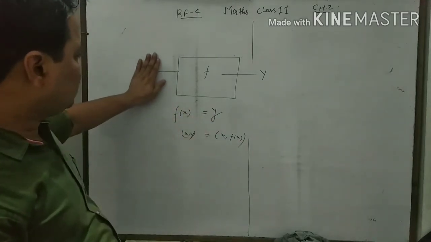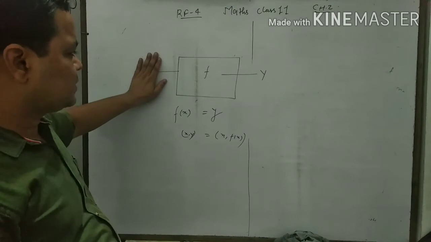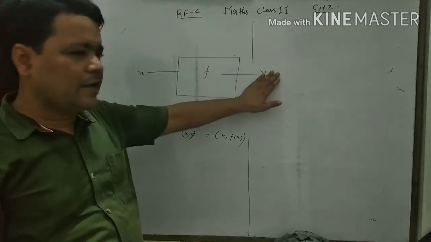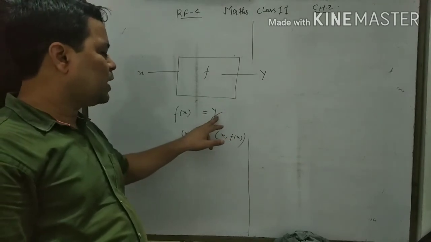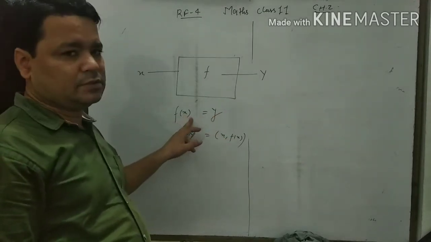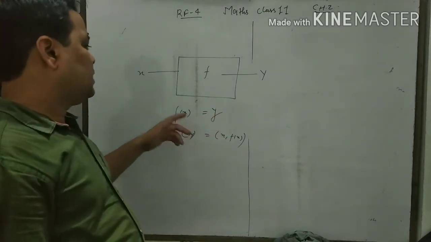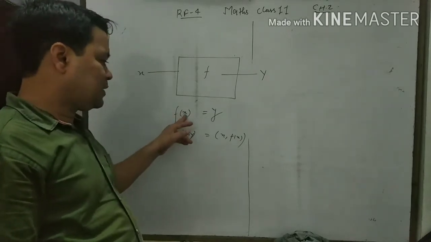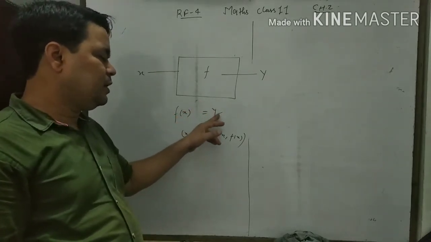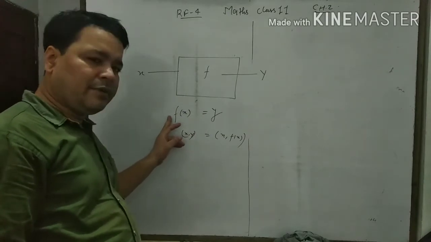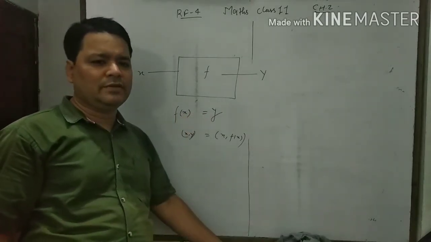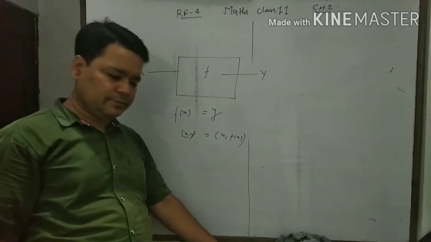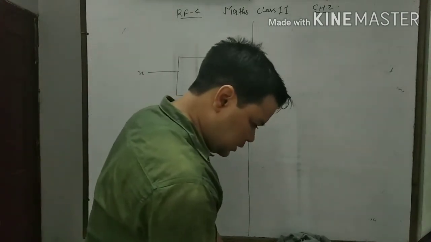For every element of x there is a unique y under the condition f, then we can write y is equal to f(x). Means for every element of x we have an element in y under the condition f, and this is represented by f of x. Getting?